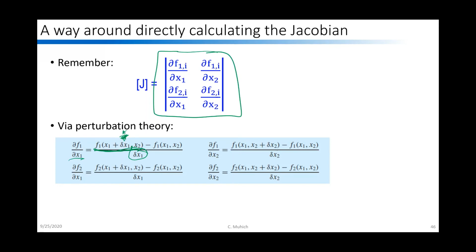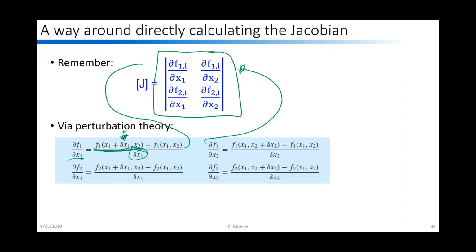This way, I never have to have an analytical form for my partial derivatives. I can use these numeric forms of the partial derivative to get those values. Once I have these four values, I can plug them into the appropriate location within that Jacobian. And once I have that Jacobian matrix from perturbation theory, I'm ready to move on and complete the Newton-Raphson method for simultaneous nonlinear equations.